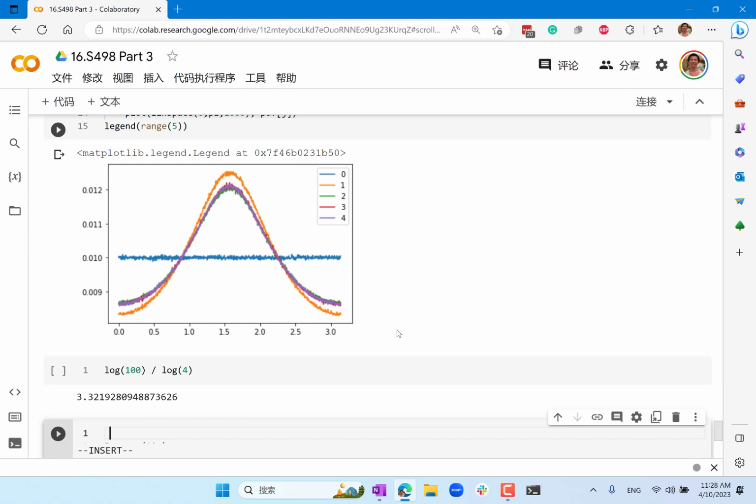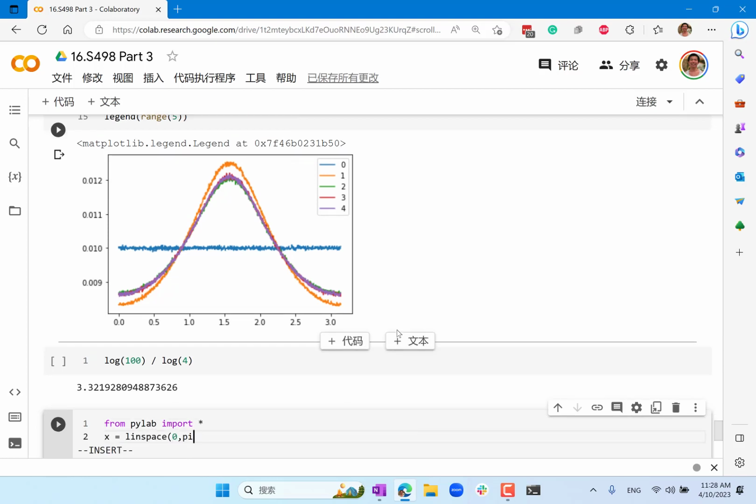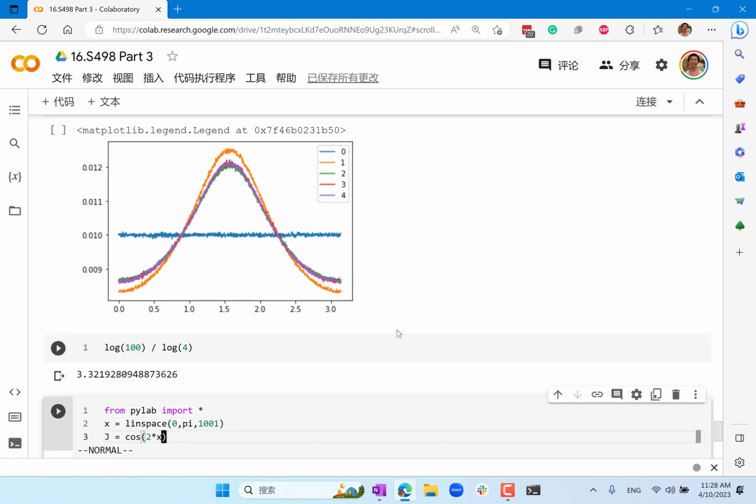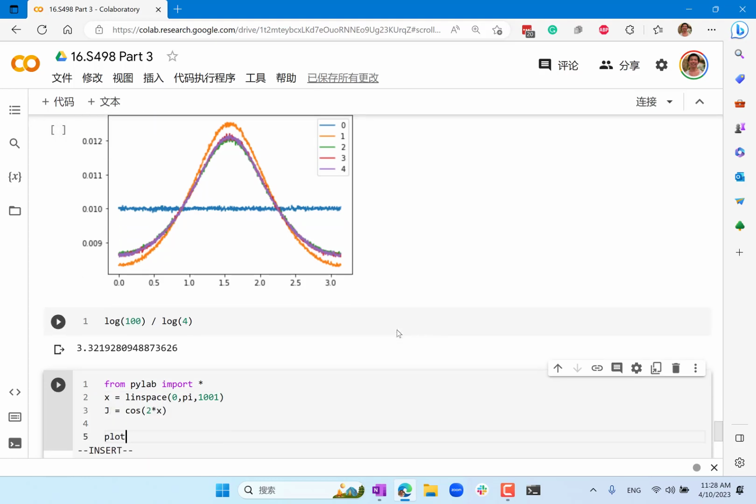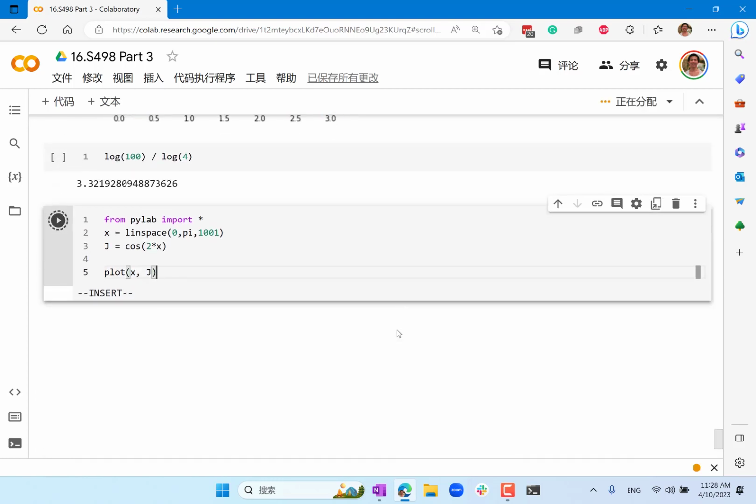So x is equal to just linspace 0 to pi, from pylab import all. Okay, 0 to pi, and let's just give it 1,000 points. J equal to that. Of course, if we plot x versus J, we get our cosine-like function, right?